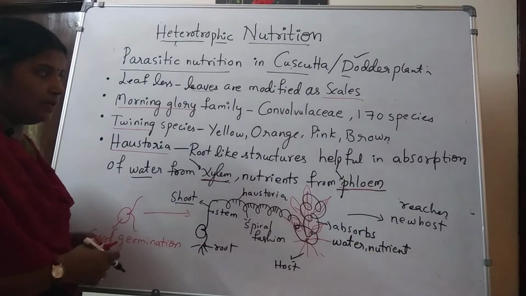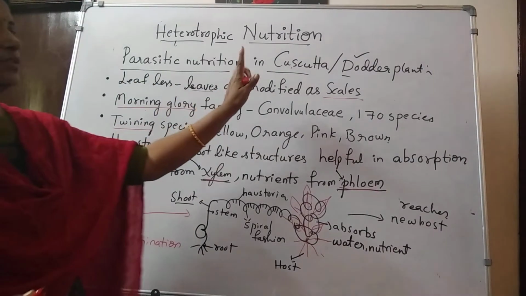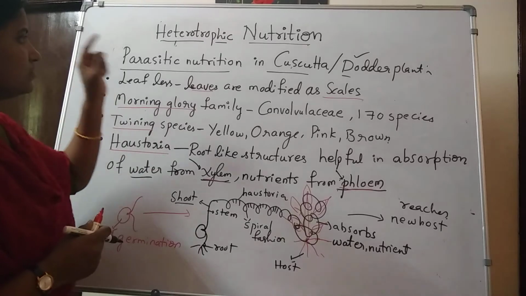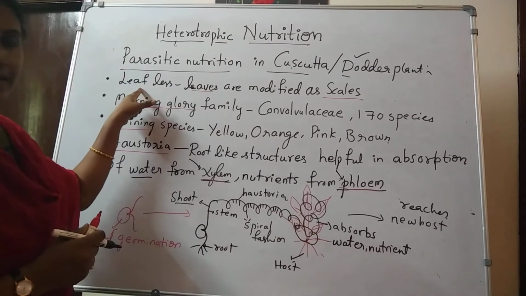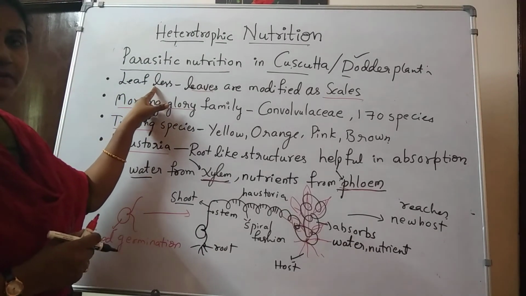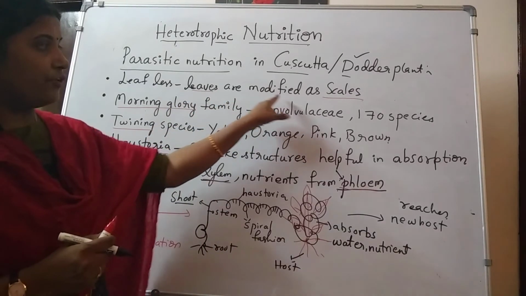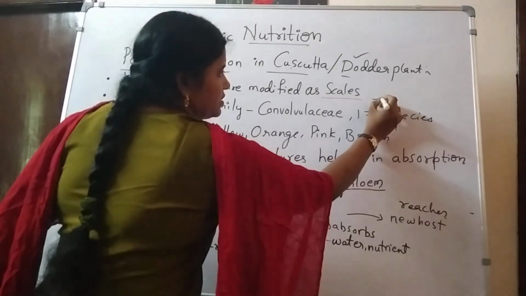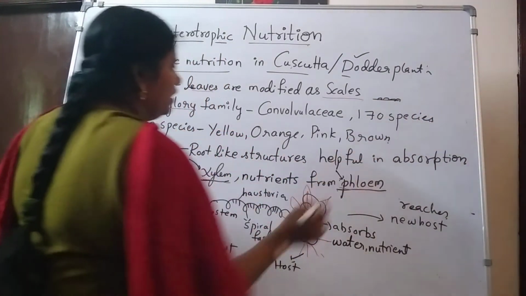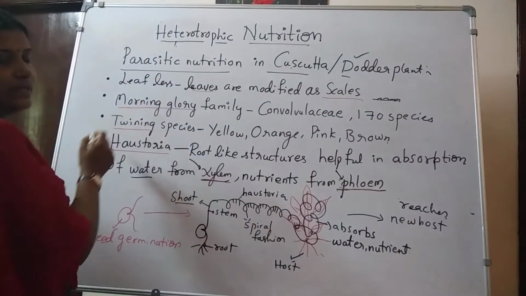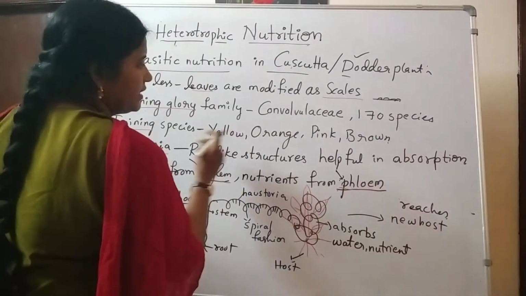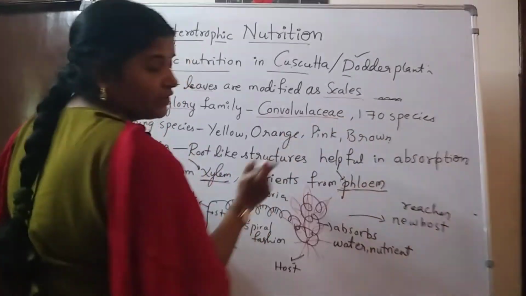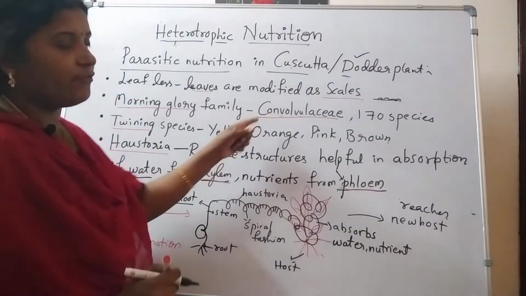Okay, this is the parasitic nutrition in cuscuta or dodder plant. The main points: the cuscuta plant is leafless; the leaves are all modified as scales. It belongs to the morning glory family, Convolvulaceae, which is the family name.